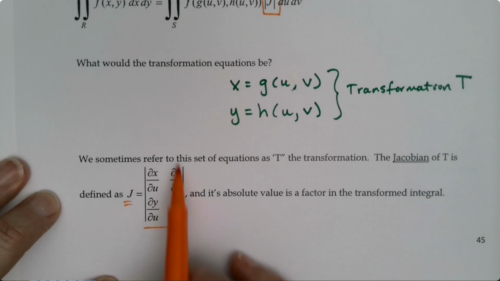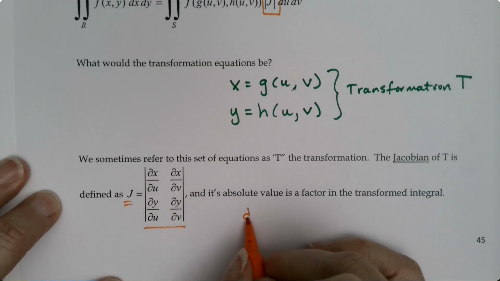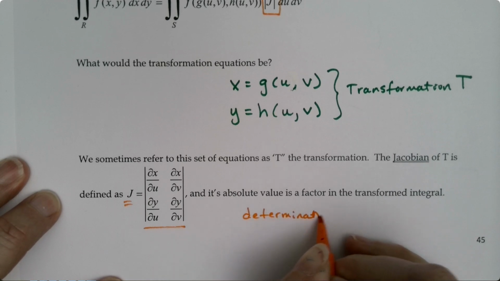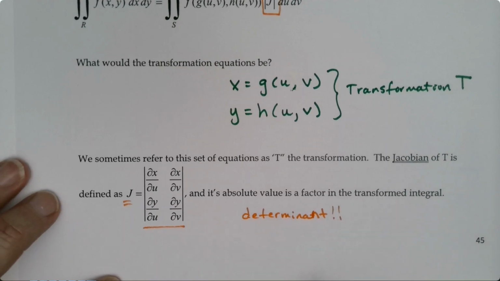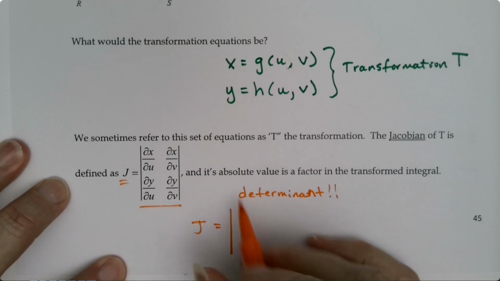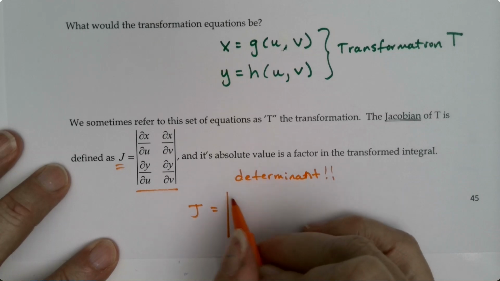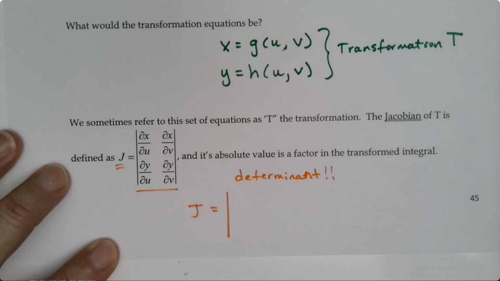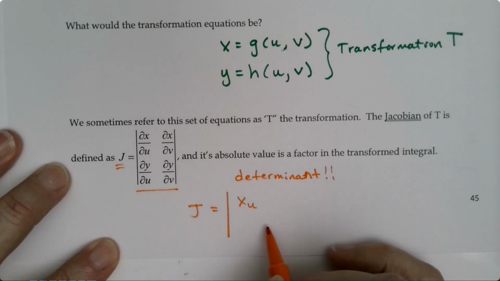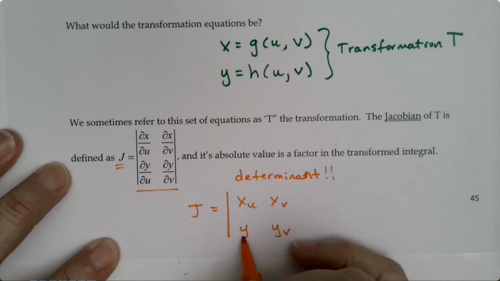Now, those vertical bars should look familiar to you. This is the determinant. We kind of did this when we were doing cross products back in the day. So determinant of the matrix is what it's called. So you take xu and then yv and then xv yu.